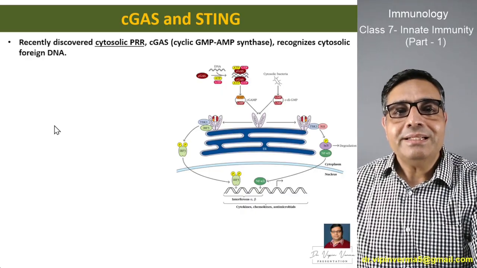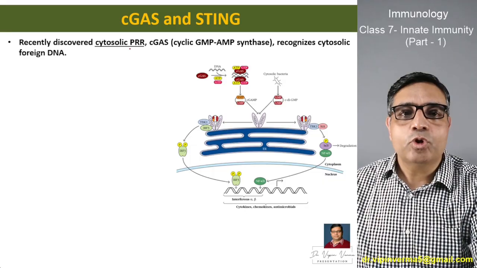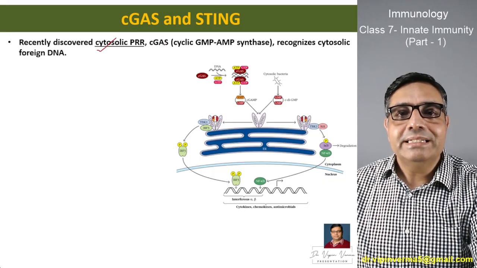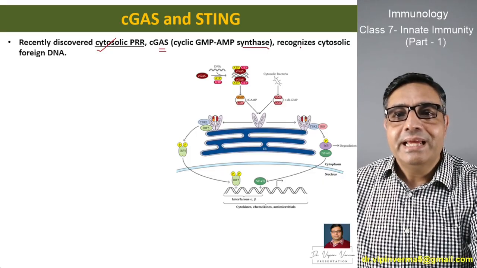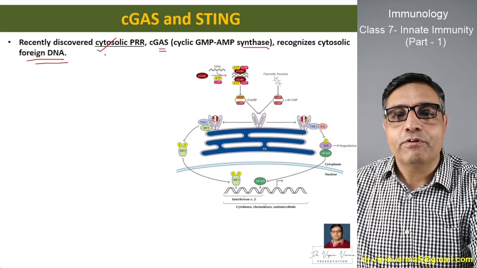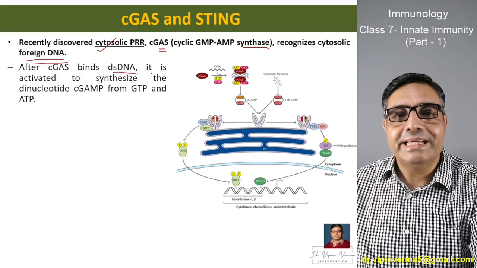Now the last is cGAS and STING. They are recently discovered cytosolic PRRs. Again, these are cytosolic, not membrane bound. And cGAS is the cyclic GMP-AMP synthase. They recognize cytosolic foreign DNA. So they also recognize cytosolic foreign DNA. After cGAS binds double stranded DNA, it is activated to synthesize the dinucleotide cGAMP from GTP and ATP.